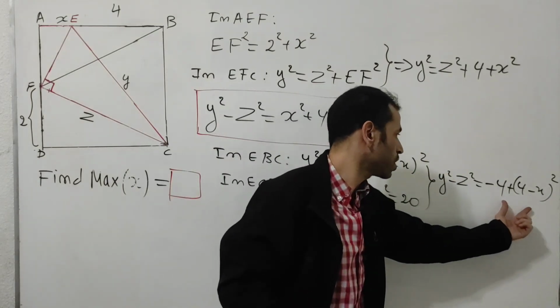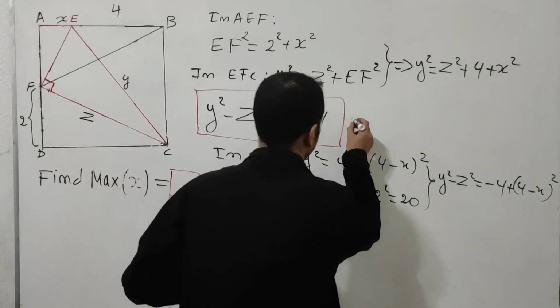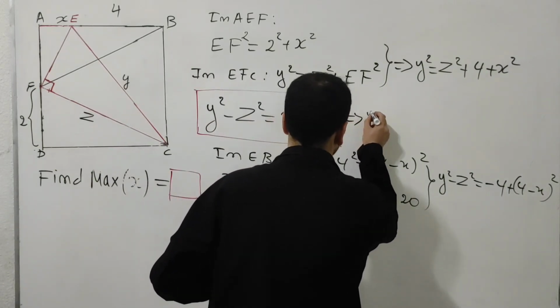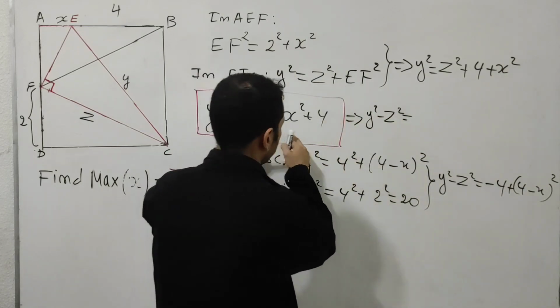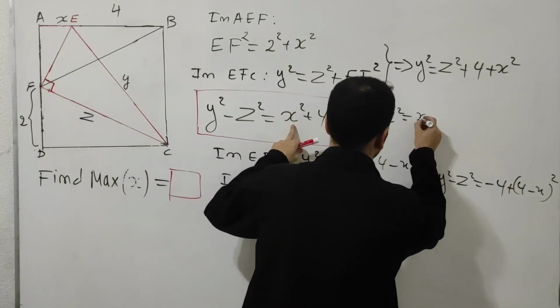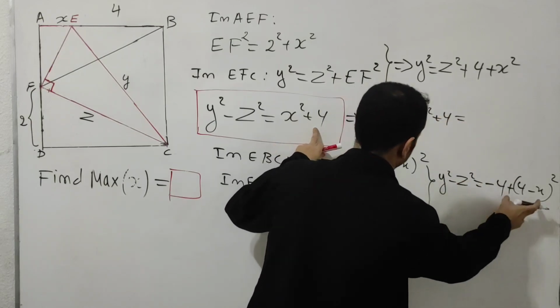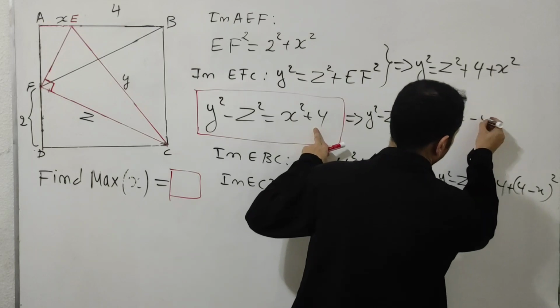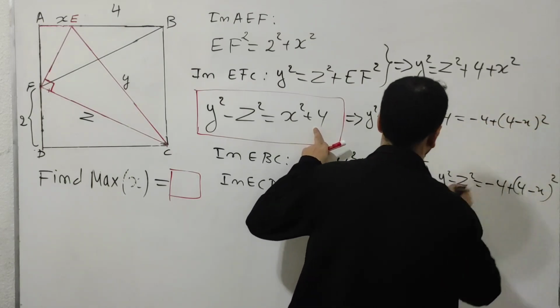Now I'm going to take this fact and replace it into this equation. So y squared minus z squared, which equals x squared plus 4, equals this one: minus 4 plus 4 minus x squared.